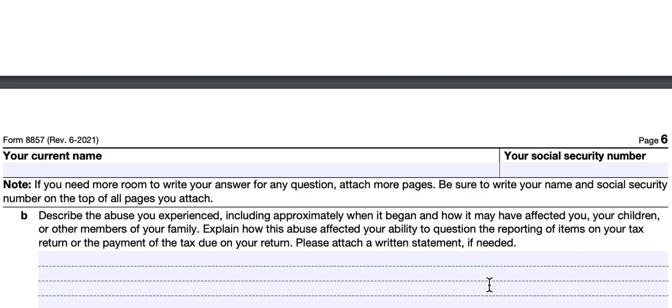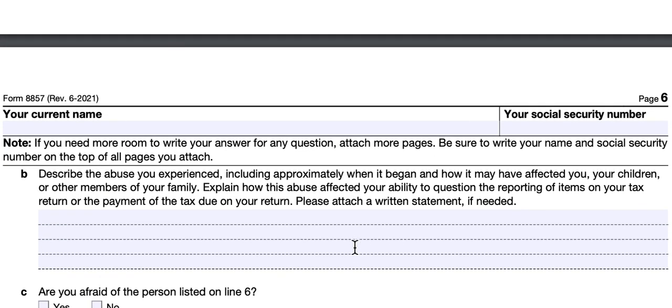If you are a victim of domestic violence, financial abuse is under that umbrella. And certainly there are a lot of spouses that are granted innocent spouse relief because of their domestic violence or their domestic abuse situation.